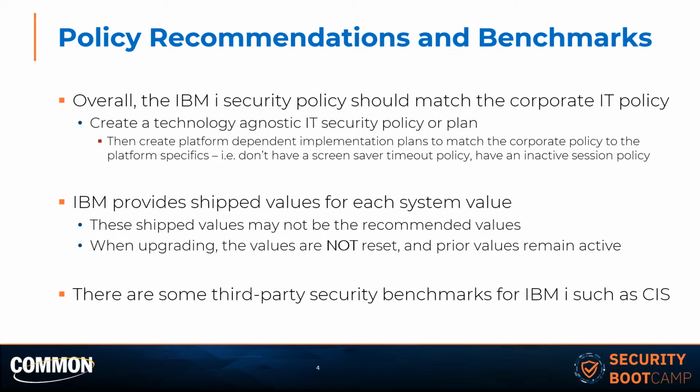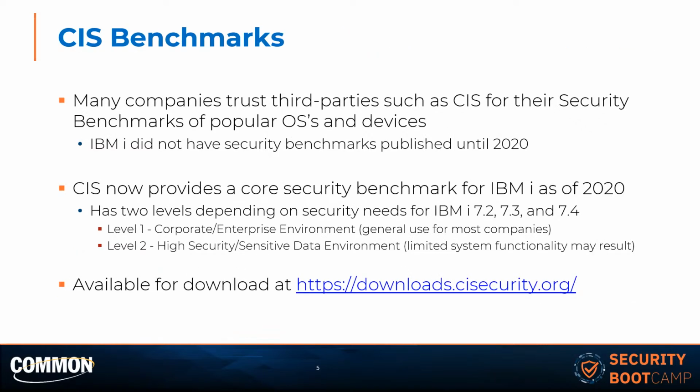Besides having your own technology security plan, many companies rely on third parties for their security benchmarks, such as CIS. Many companies choose to trust third-party security benchmarks as they provide a good standard for security on their systems. One such company is CIS.